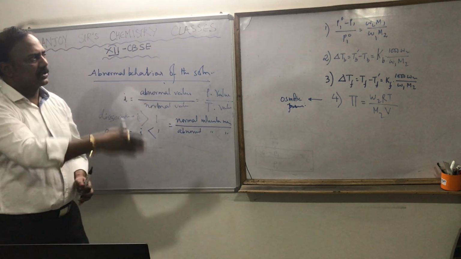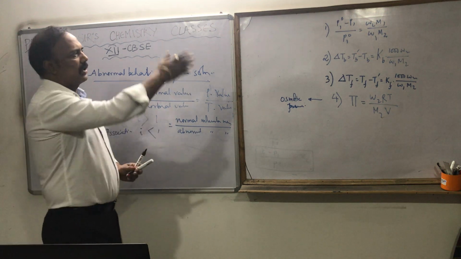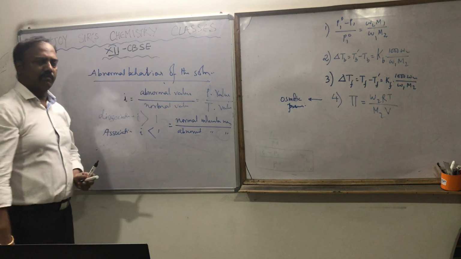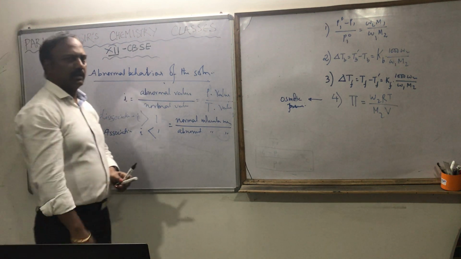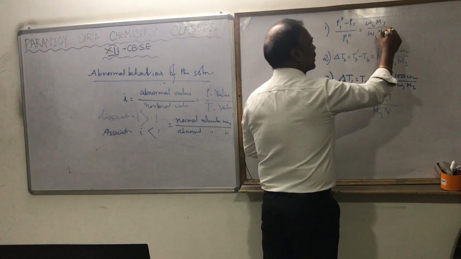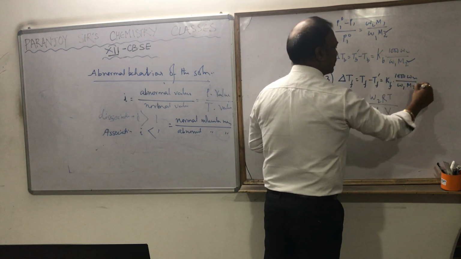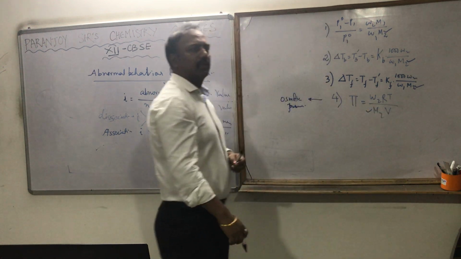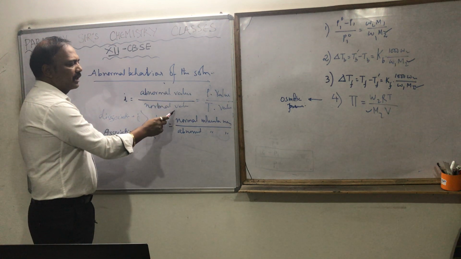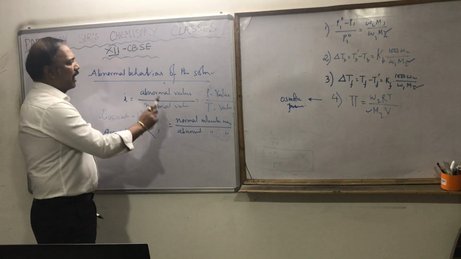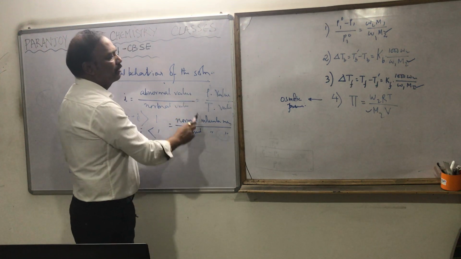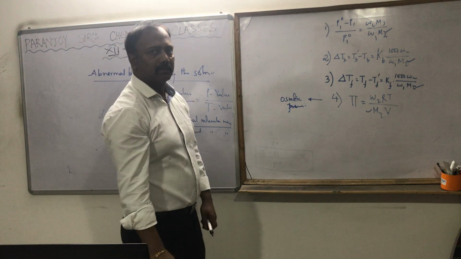Now see all the expressions of the colligative properties and see where the molecular mass is. The molecular mass of the solute is present in the denominator in all the expressions. So whenever I am writing the abnormal value, its molecular mass comes at the bottom. So abnormal molecular mass is at the bottom and normal molecular mass is in the numerator.